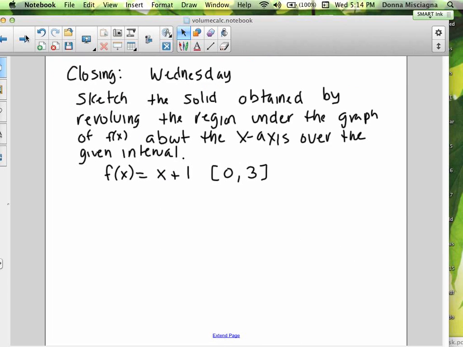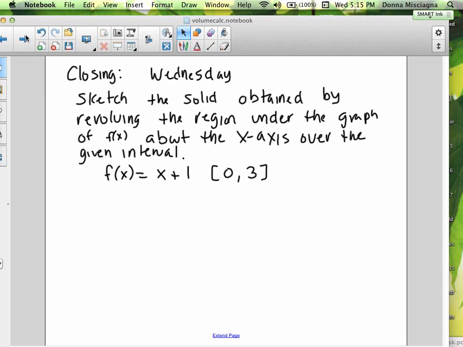The closing for Wednesday is to sketch the solid attained by revolving the region under the graph of f of x about the x-axis over the given interval. I tried to keep it nice and simple: f of x equals x plus 1 from 0 to 3.